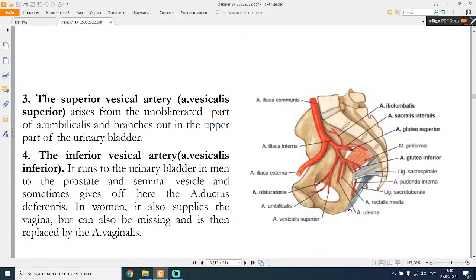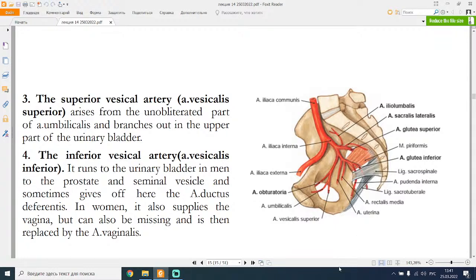Next, the arteria vesicalis inferior. In men it runs to the urinary bladder, to the prostate and seminal vesicle, and sometimes gives off the arteria ductus deferentis.